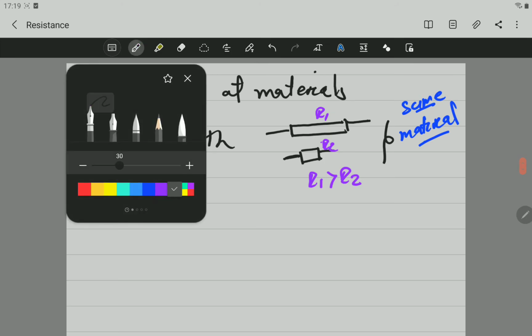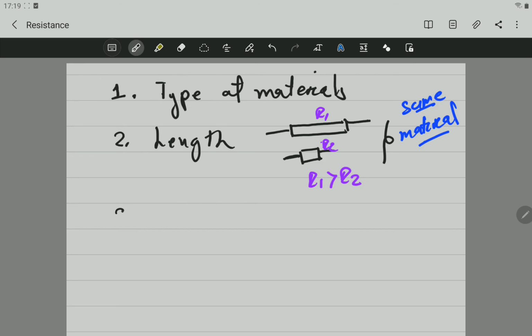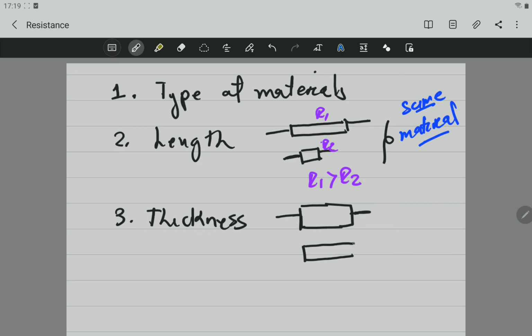Factor number 3 is the thickness of the resistor. If the resistors are made out of the same material, a resistor that is thicker will have less resistance than a resistor that is less thick, made of the same material.